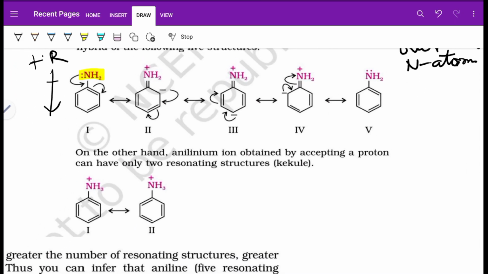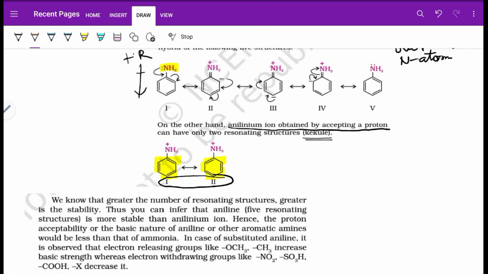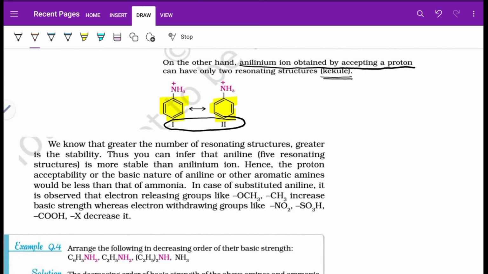The anilinium ion that is obtained by accepting a proton has two resonating forms. These are the resonating forms, which are the Kekulé structures of benzene. If you minutely notice, it is only the ring resonance that is happening here. So we know greater the number of resonating structures, greater is the stability.